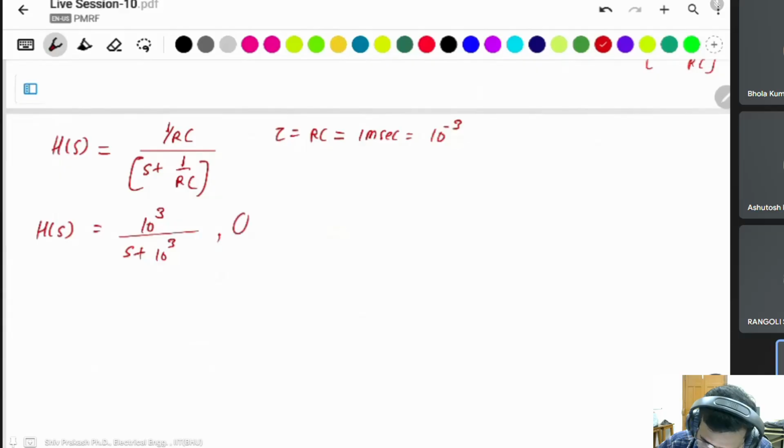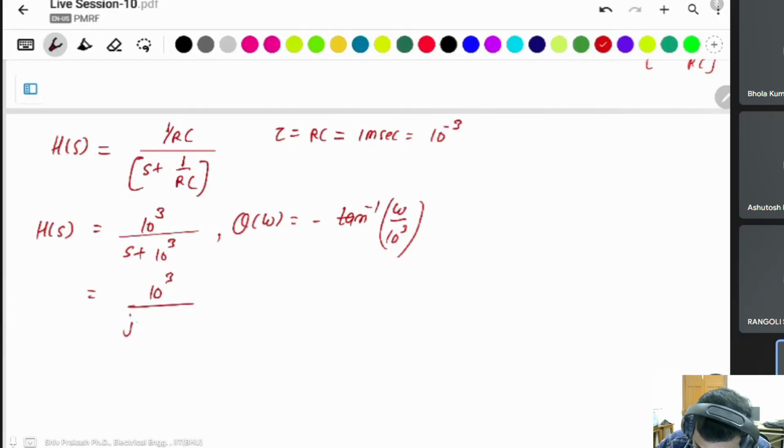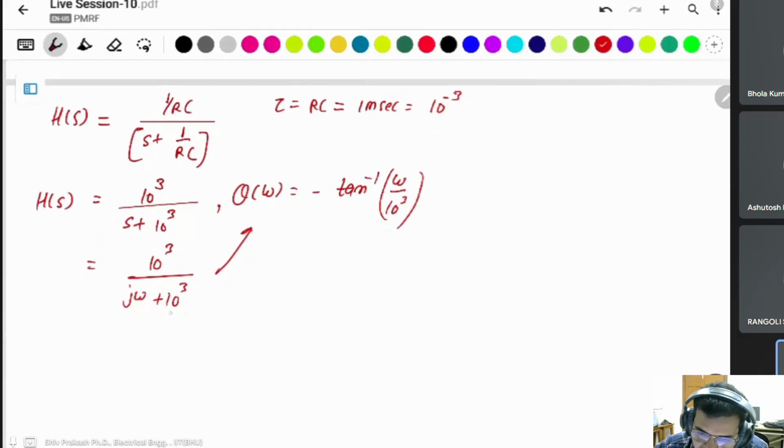What is the angle? The angle is minus tan inverse of omega by 10^3, with S equal to j omega. So the phase is minus tan inverse of omega by 10^3.